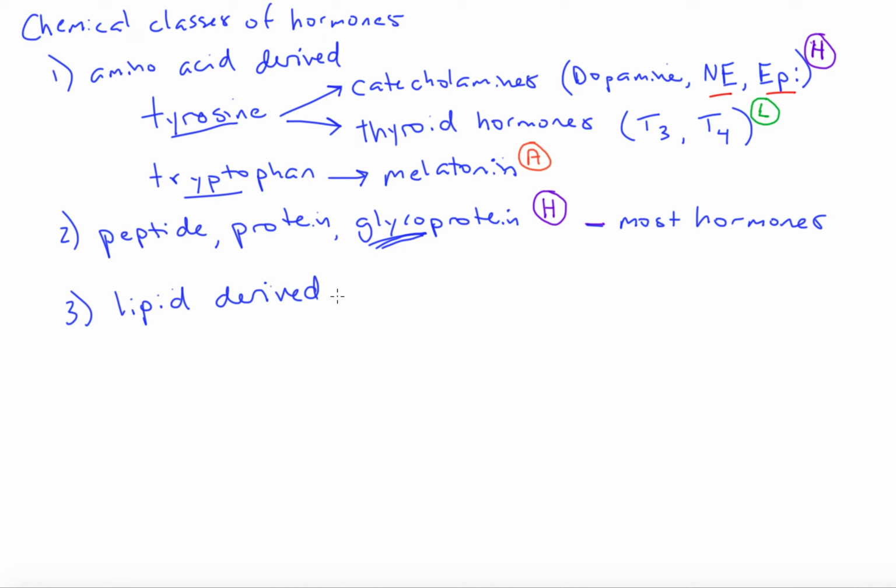Right? And so there are actually two main lipids that are used to make chemical messengers. Cholesterol, and then another fat that's called arachidonic acid.